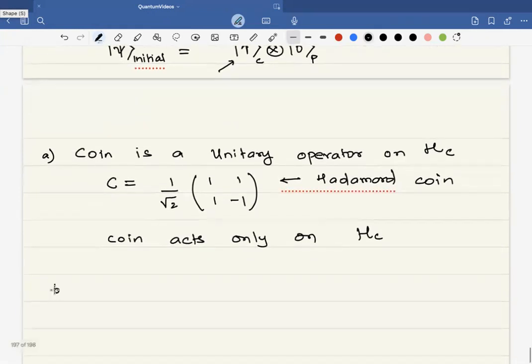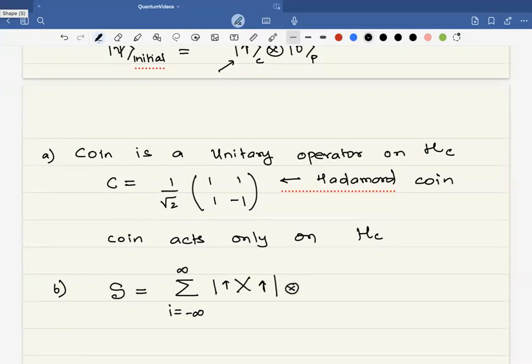And the second step is the shift step, which is also called the conditional shift. So let me write down the shift operator. The shift operator S is equal to the summation i equals minus infinity to infinity of up, up, tensor |i+1><i| plus the summation of down, down, tensor |i-1><i|.